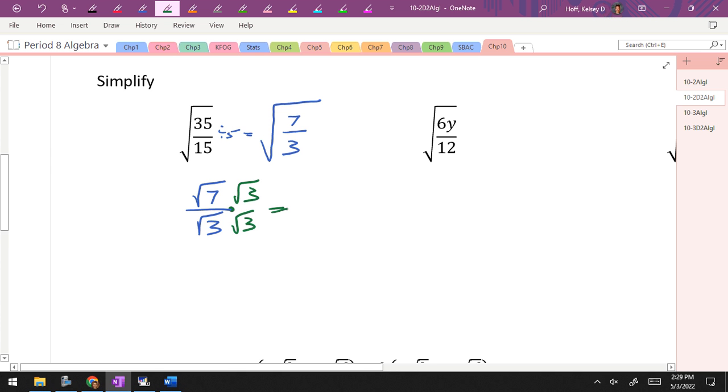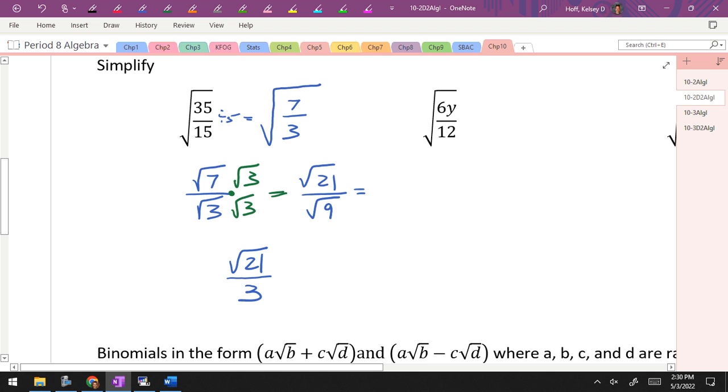That seems like a really strange thing to do, but I'm going to show you why. What is the square root of 7 times the square root of 3? Square root of 21. What is the square root of 3 times the square root of 3? The square root of 9. What is the square root of 9? It is 3. So you end up with the square root of 21 divided by 3.